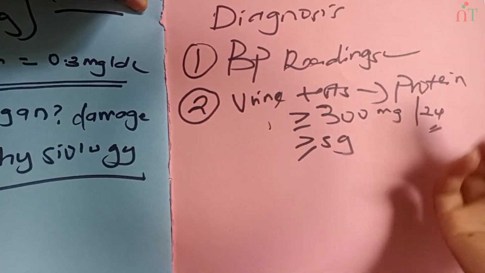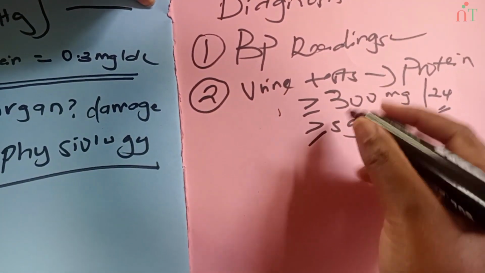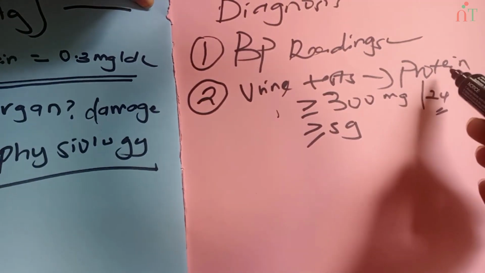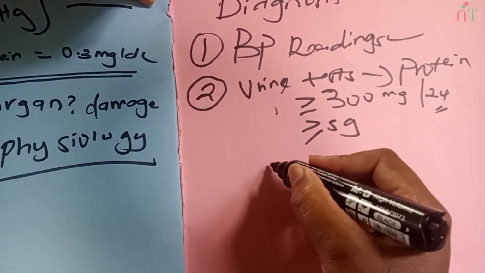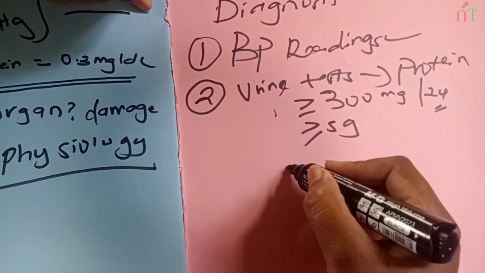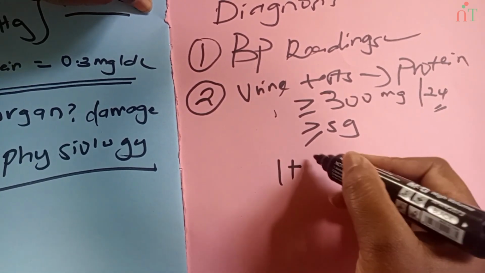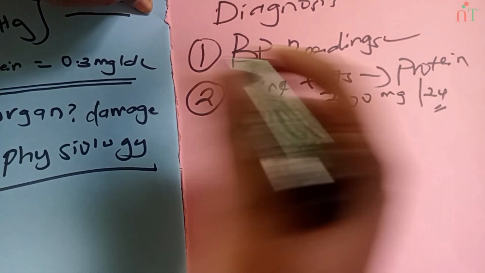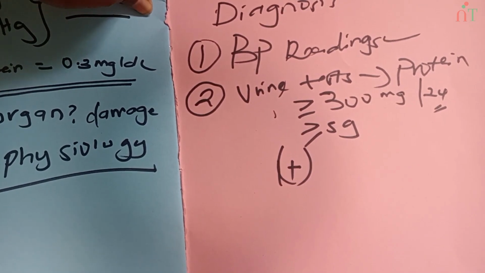That is a very severe case. And when we are still talking about proteinuria, if you are using the urine dipstick, it should have at least 1 plus. That suggests preeclampsia, or at least proteinuria.